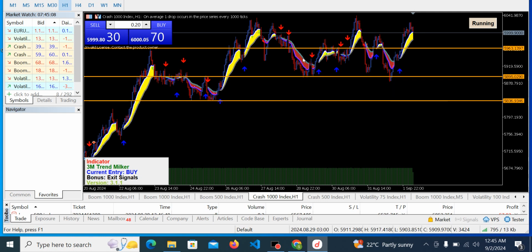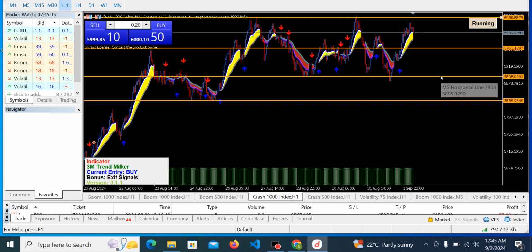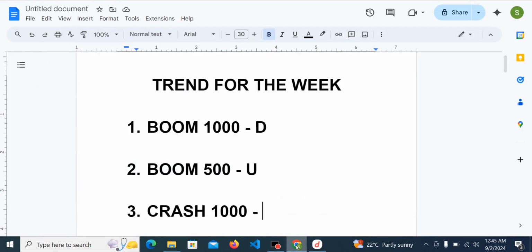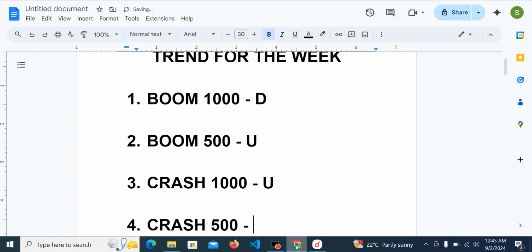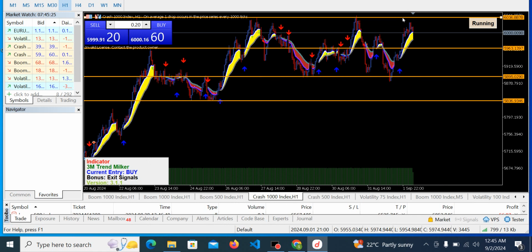If it's unable to break out above the next resistance zone, which is here, then definitely it will go back on a downtrend and try out this support zone again. So this is still more of an uptrend than a downtrend, but once it gets to the resistance zone, then it should sell again if it's not breaking out from there.